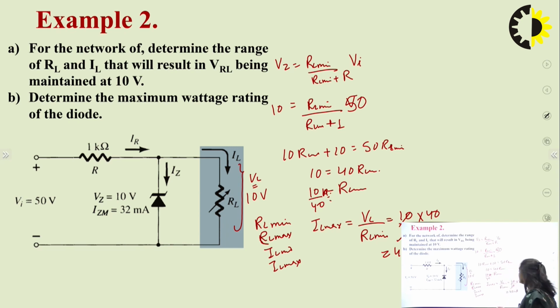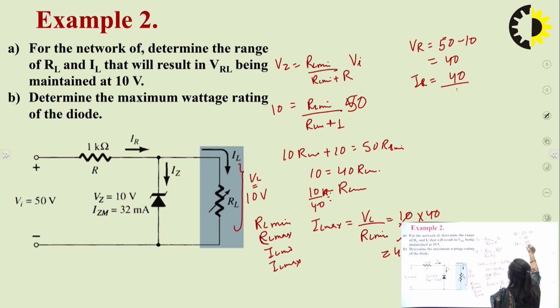Now we can find IL minimum. We can find the value of VR. VR would be equal to 50 minus 10, which is 40. So IR can be calculated as 40 upon 1.